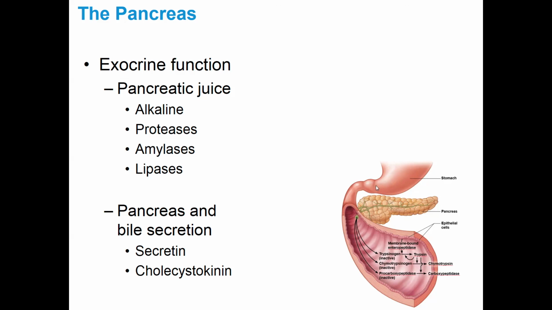And so to neutralize that acid and keep it from damaging the epithelium of the small intestine, the pancreatic juice will help neutralize that and help prevent that damage from occurring. So the fact that it's alkaline, the fact that it's basic, helps counteract the acidity of the chyme leaving the stomach and is important for protection of the small intestine.